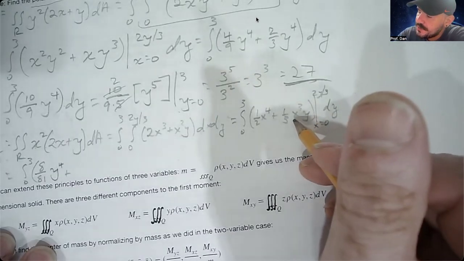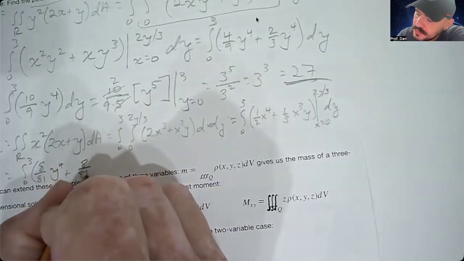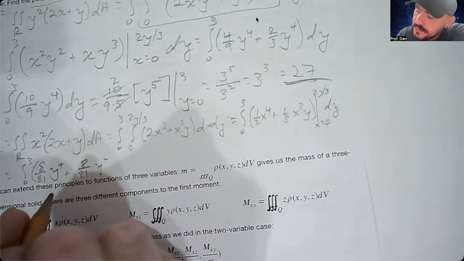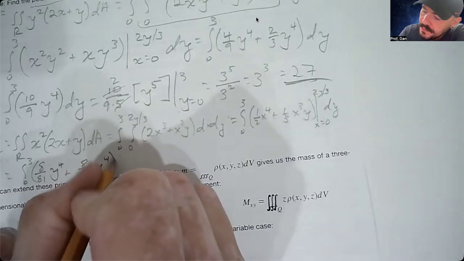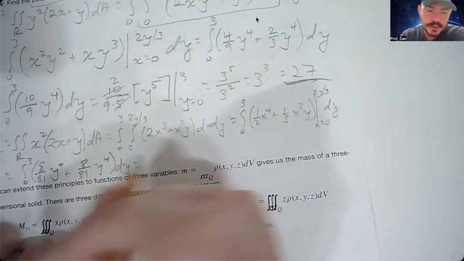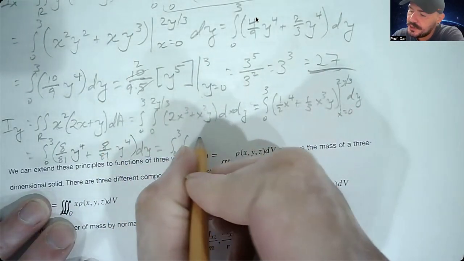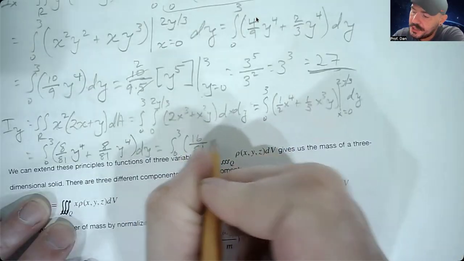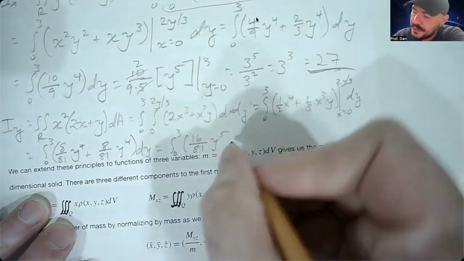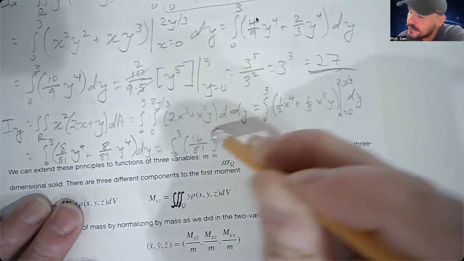If I multiply 27 by another 3, well, isn't that fun? All right, so these end up being the same value. So we're taking the integral from 0 to 3 of 16 over 81 times y to the 5th. Or no, not y to the 5th, y to the 4th. Getting ahead of myself.